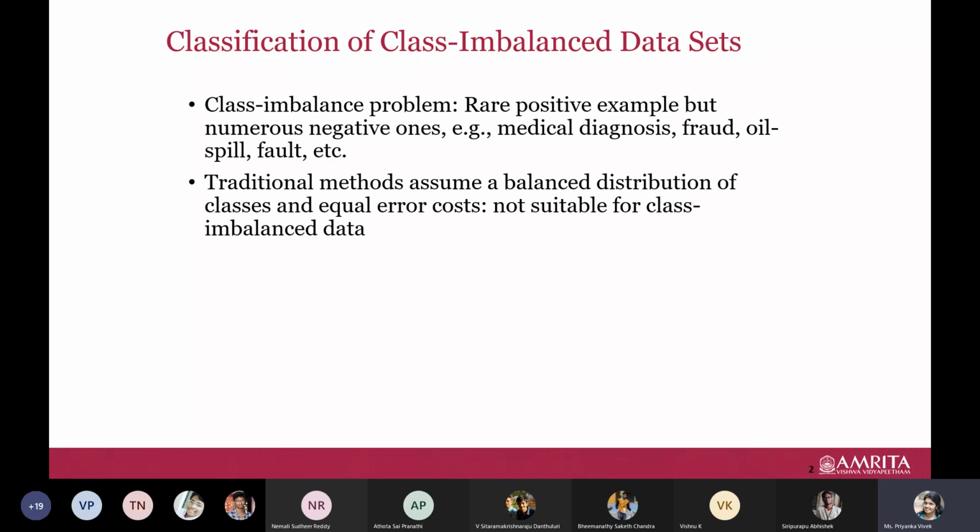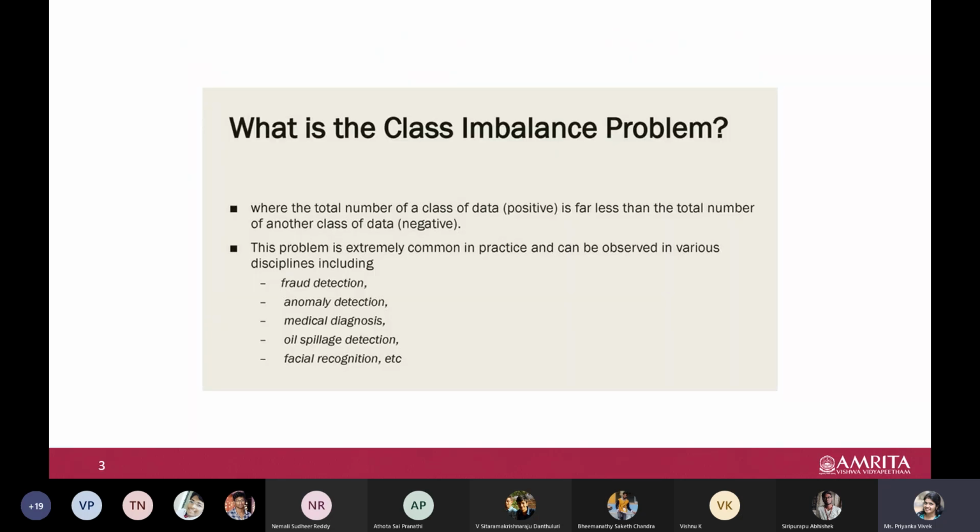Okay, so what is the class imbalance problem? The total number of data in one class would be far less than the total number of data in the other class. It can be even in multi-class classification problems also. Say if you have 4 classes, maybe one kind of disease is very, very rare.